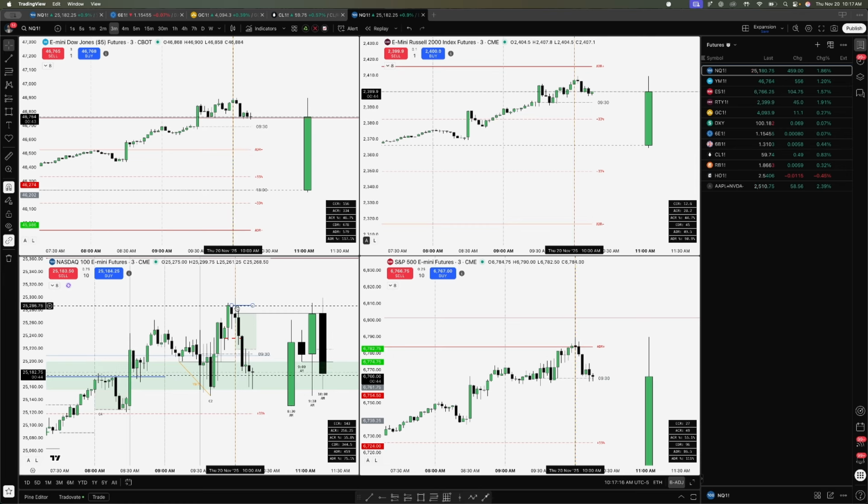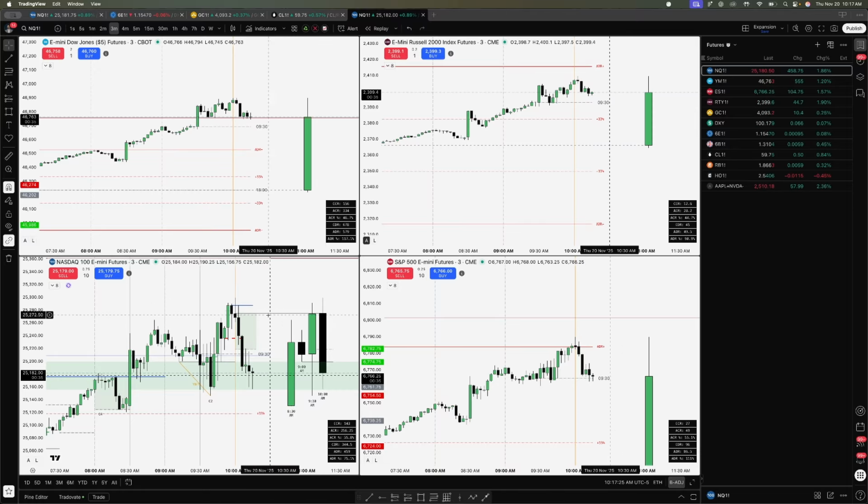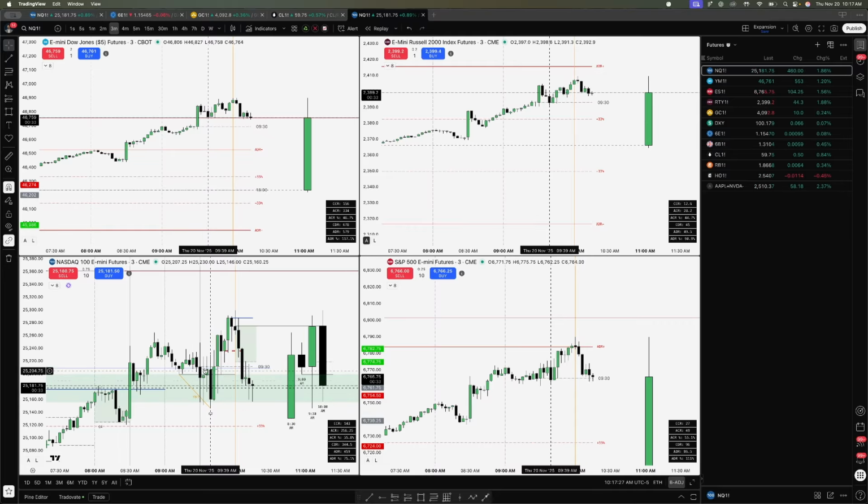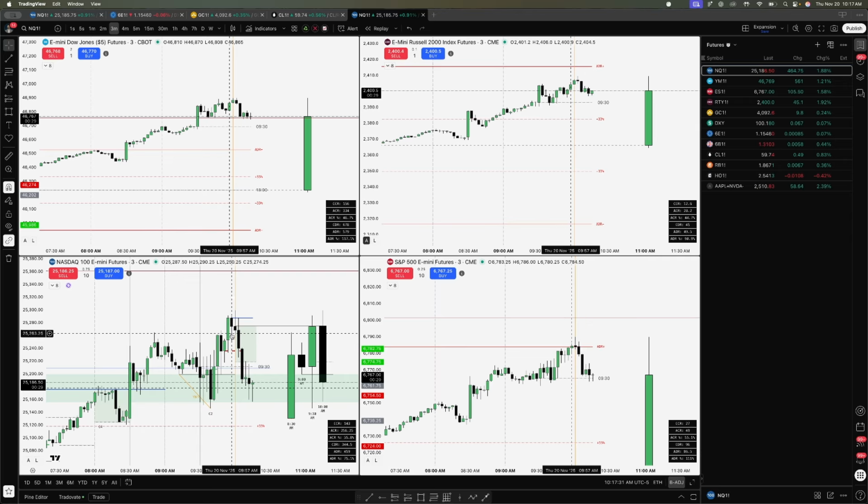You see, we hit it twice on a 3 minute candle. Came up, went below it. Came up, went below it. That means we failed to change the state of delivery or continuation. Is it really a change state of delivery? At this point on a 3 minute, 30 minute chart, here's your change state of delivery. These are continuation signatures. So instead of saying it failed to change the state of delivery, it failed to put in a new continuation signature.